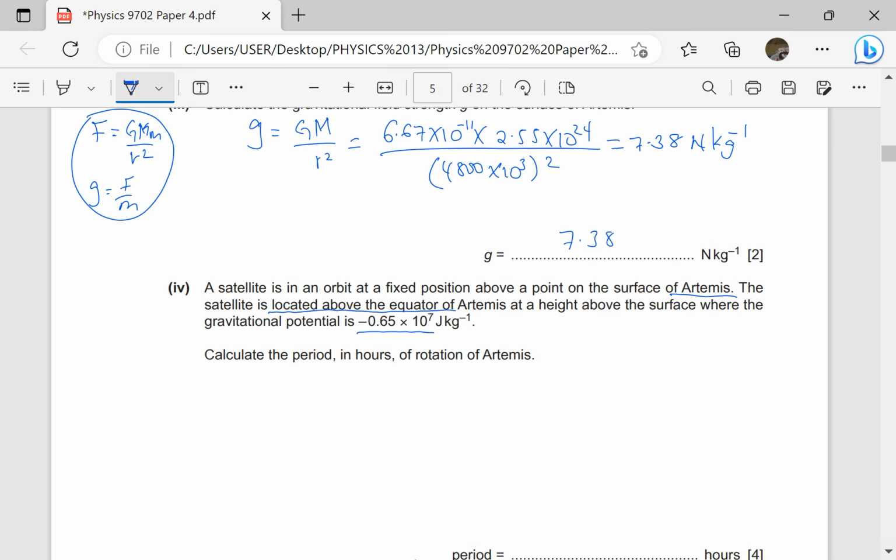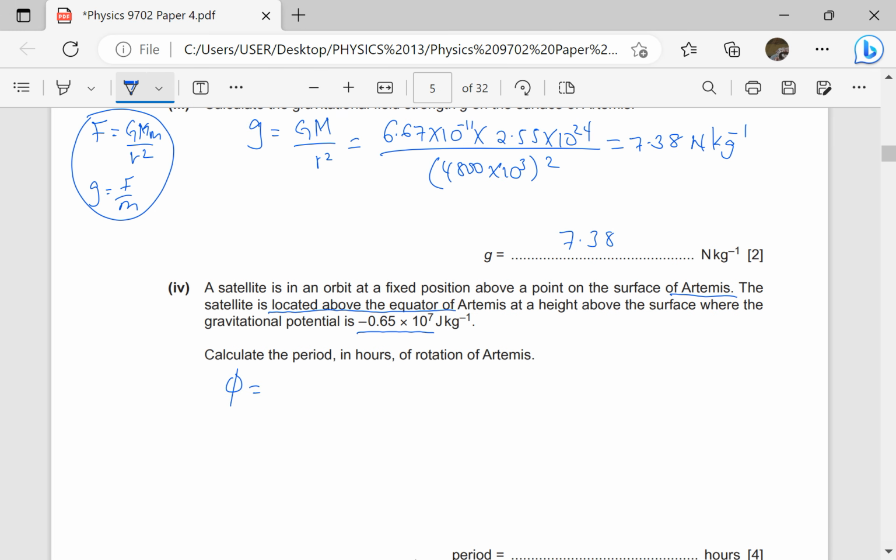Let's first look for the distance at which the gravitational potential is negative 0.65 times 10 power 7 joules per kilogram.